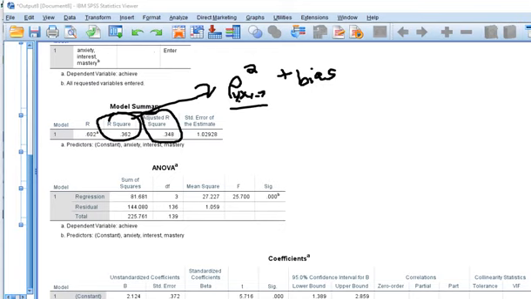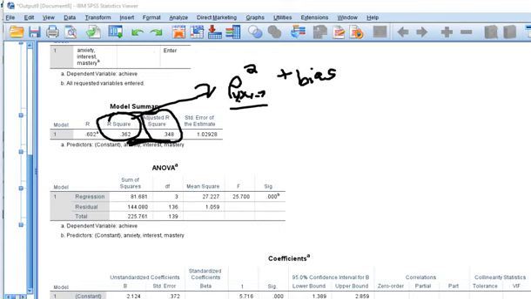In this particular case, you can see that the R square and adjusted R square are not all that different. However, in some cases it can be dramatically different, and you want to make sure that you report the adjusted R square as well, particularly in those cases where there is a considerable difference.